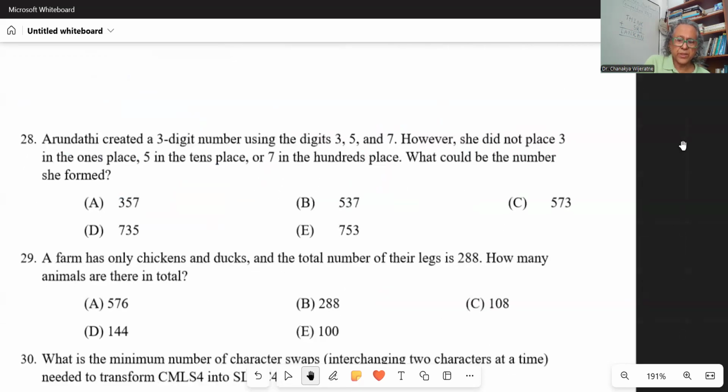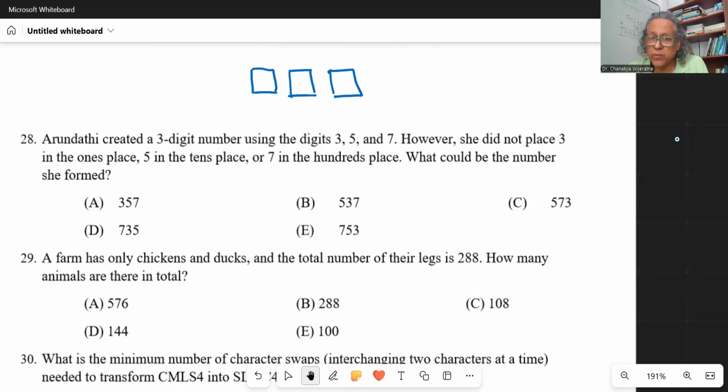Arundhati created a 3-digit number using the digits 3, 5, and 7. That means all 3 had to be there. However, she did not place 3 in the ones place, 5 in the tens place or 7 in the hundreds place. What could be the number she formed? Okay, I'm going to draw 3 boxes for the 3 place values, right?